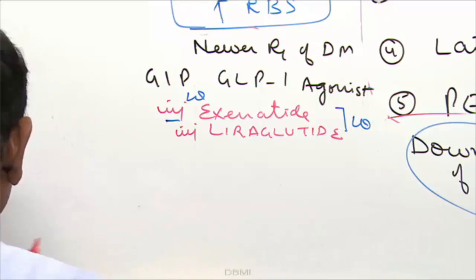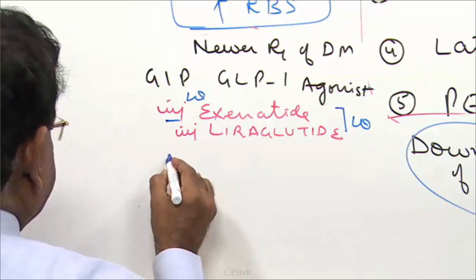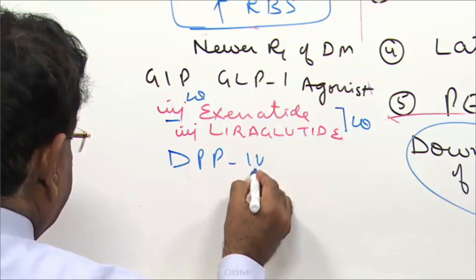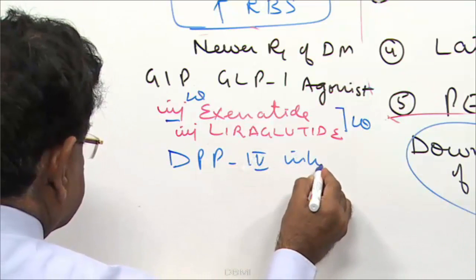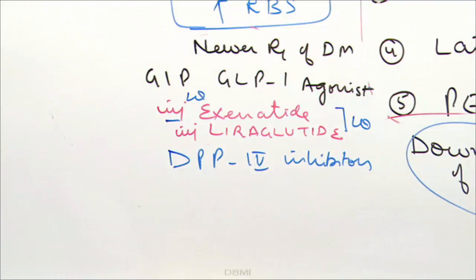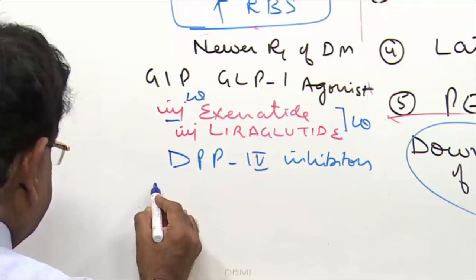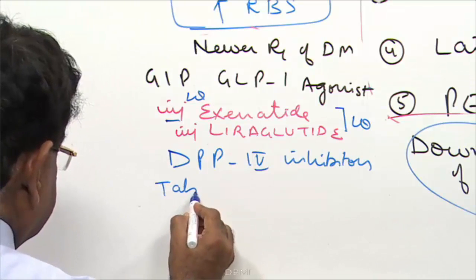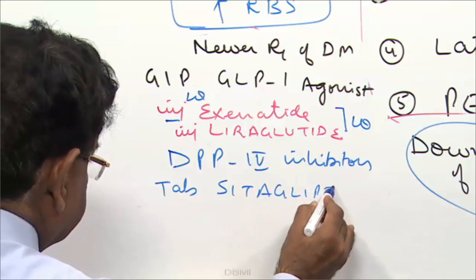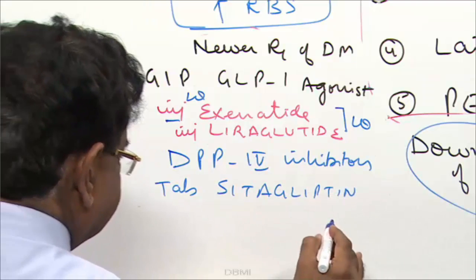Now we have DPP-4 inhibitors. They include the tablets sitagliptin and vildagliptin.